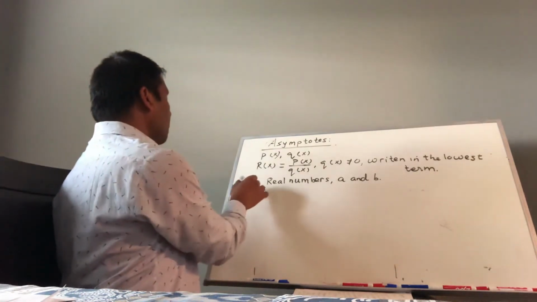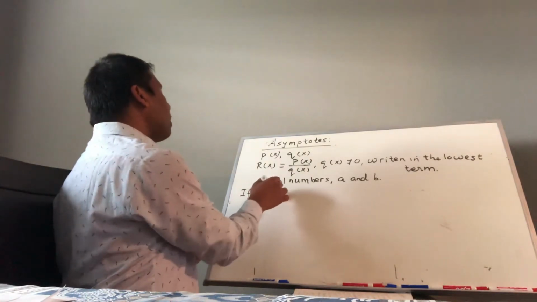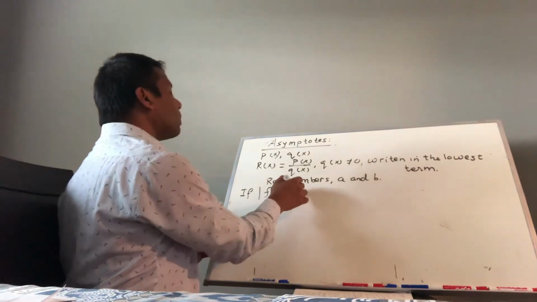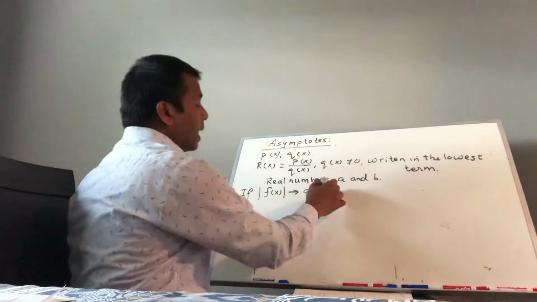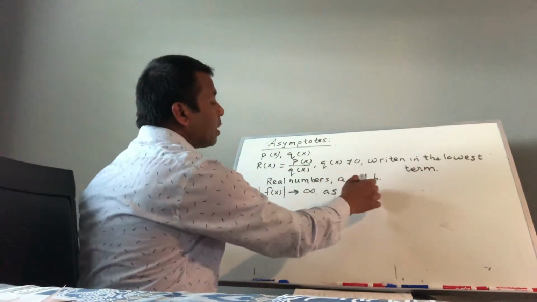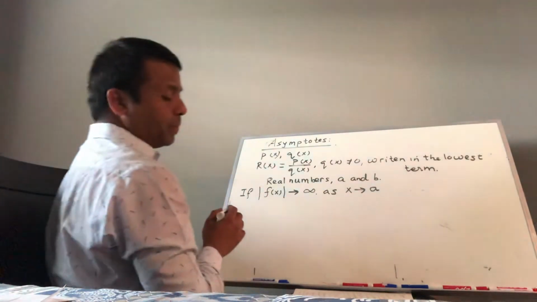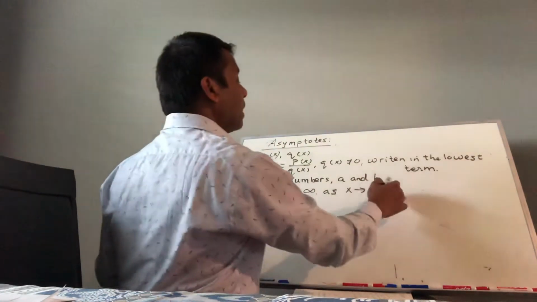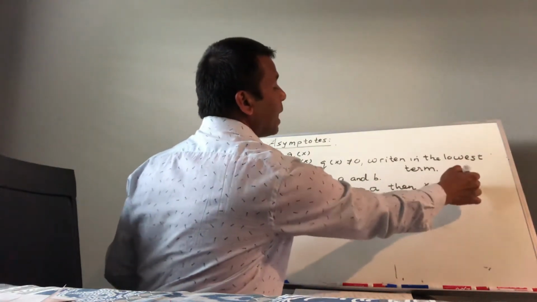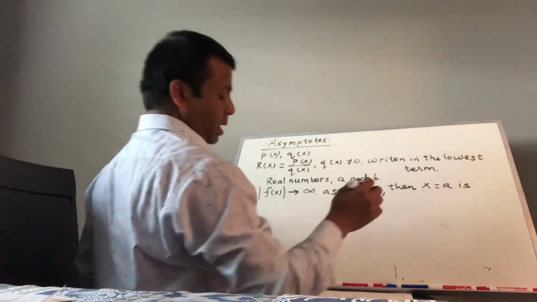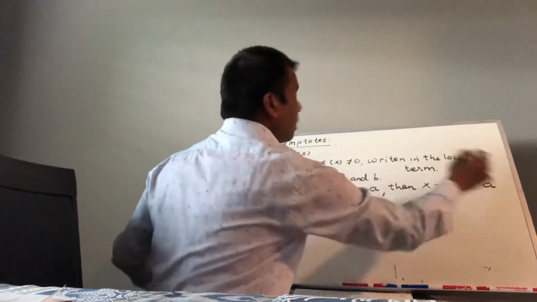If the absolute value of f(x) approaches infinity as x approaches a, then x equal to a is a vertical asymptote.